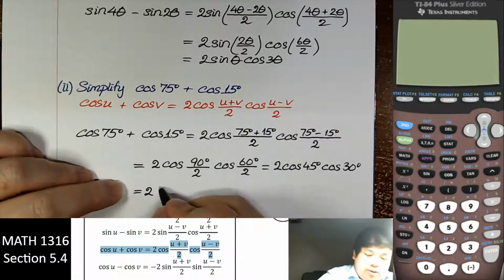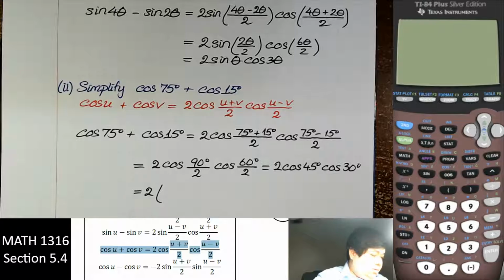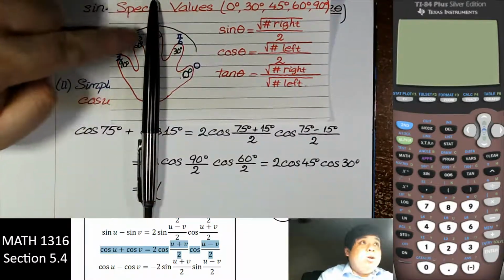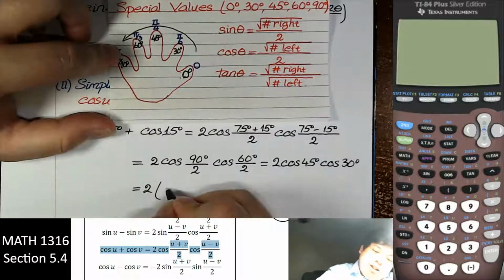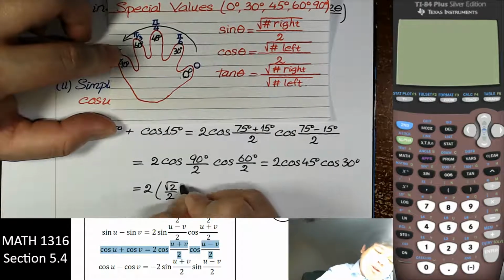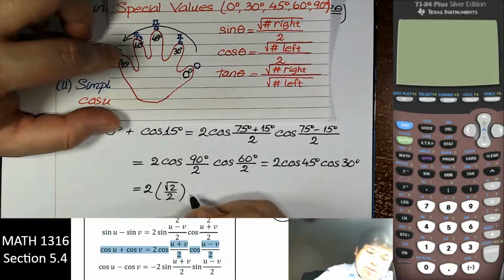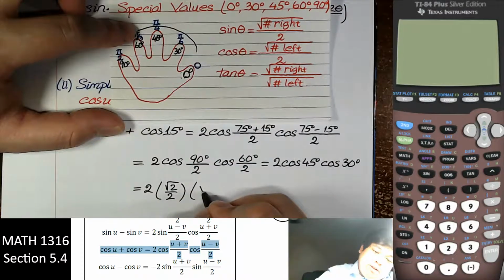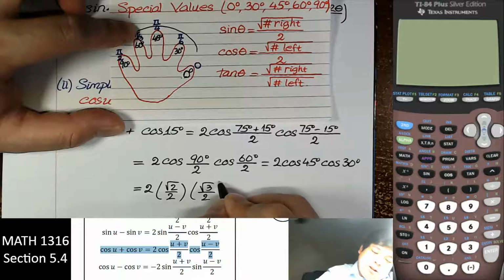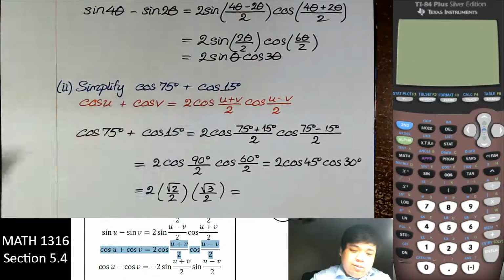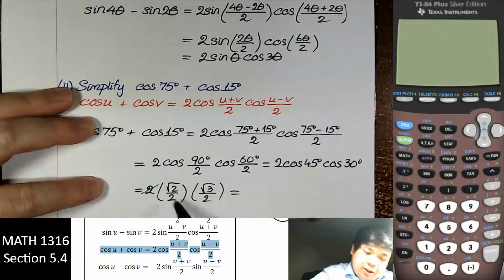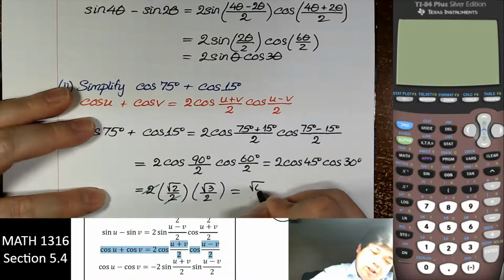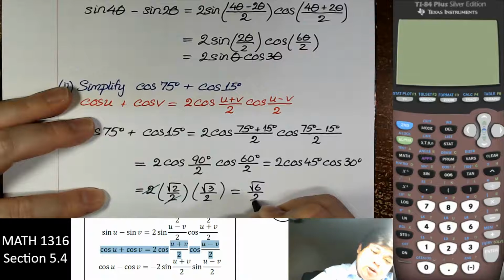Cosine 45 is square root of 2 over 2, and cosine of 30 degrees is square root of 3 over 2. Cancel our 2. We have square root of 6 over 2.